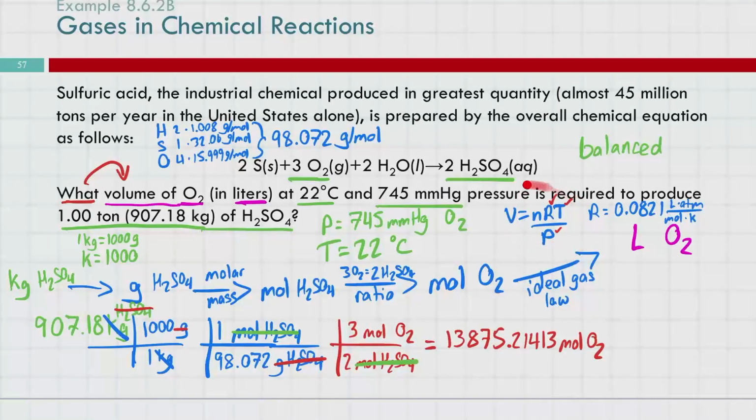And now we can plug this into V equals nRT over P. I'm going to leave it as n because we already have the number written out right next to it, but we'll write the rest of the things.